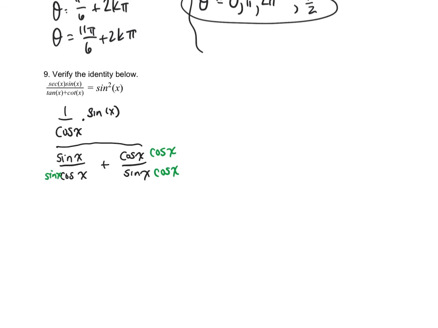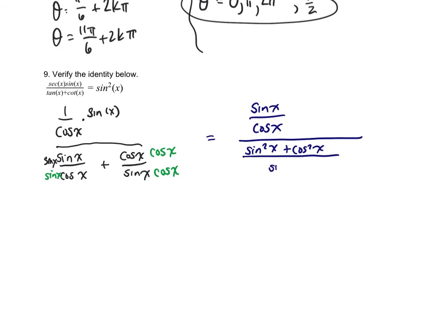So I'm going to add a sine and a cosine to the top and bottom. So that's going to clean up to be sine x over cosine x all over sine squared x plus cosine squared x all over sine x cosine x. That's just putting the two rational expressions together on the bottom.